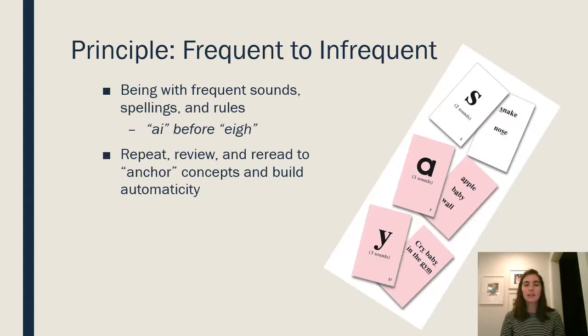The third Orton-Gillingham principle is frequent to infrequent. And I think about this one in 2 ways. One, it means begin teaching the most frequent sounds, spellings, and rules first. So in first grade, we're teaching things like AI, not necessarily EIGH, because AI is a very common vowel team. EIGH is not as frequent. Not to mention, it's also very complex.